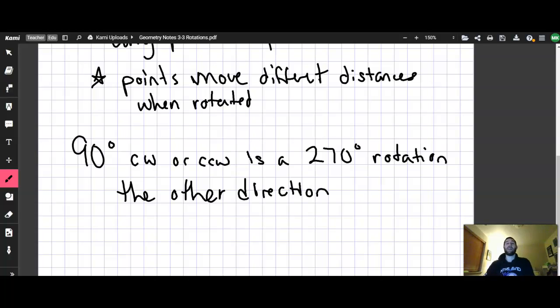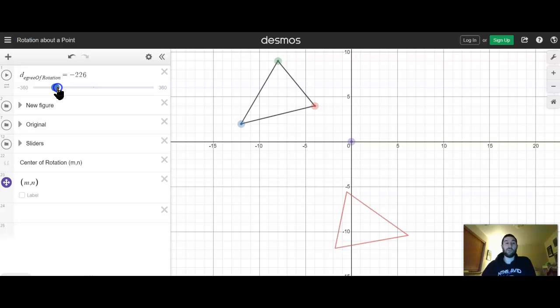Which then takes me to the last point here, which is that if I rotate this 180 degrees, it does not matter which direction I rotated it. 180 degrees clockwise is the exact same thing as counterclockwise.